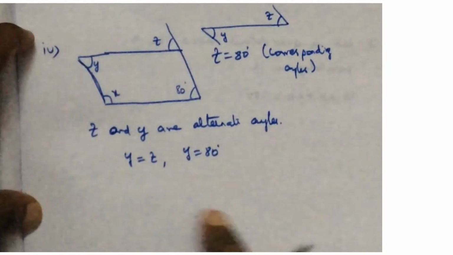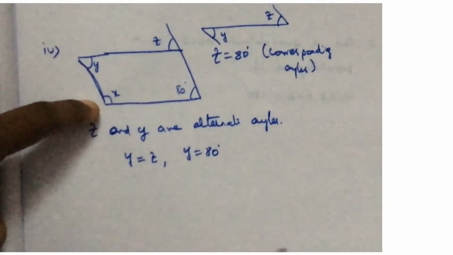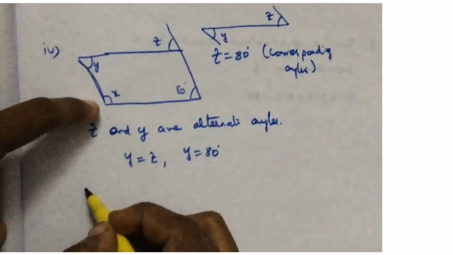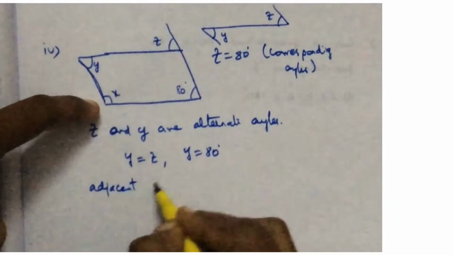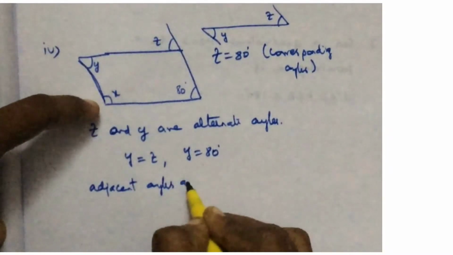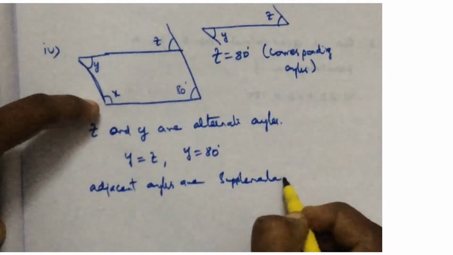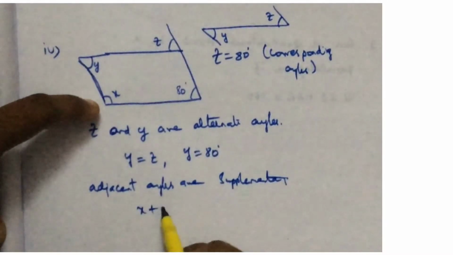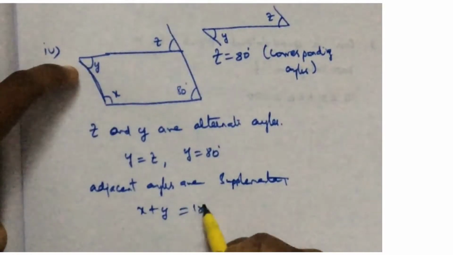Y is 80. So, if Y is 80, what is X? I can say adjacent angles are supplementary, which means X plus Y are adjacent angles, and it should give 180.